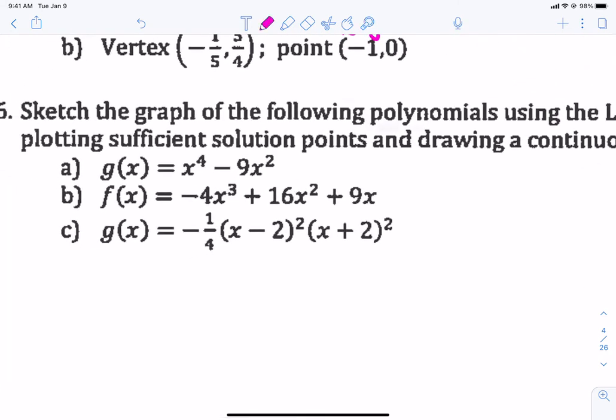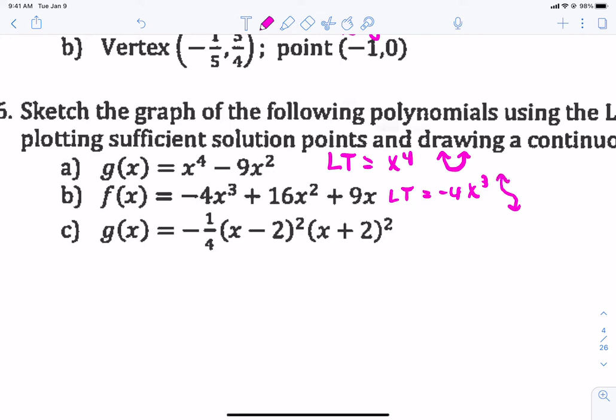So if we look at A, the lead term is x to the 4th. So it is going to go upward like a parabola. Let's just look at the lead terms of these for a minute. For part B, the lead term is negative 4x cubed, which means it's going to look like a cubic that has been flipped upside down.